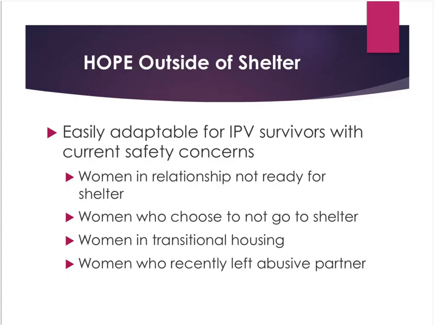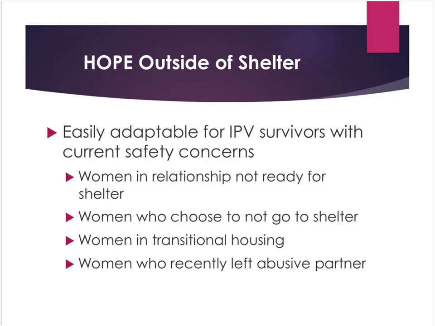I get that question a lot, and I think HOPE is really easily adaptable to be delivered outside of shelter. The population that HOPE is specific to is women who are either still in the relationship or just recently left an abusive relationship. So this isn't really a program for women who've been out of a relationship for a year or two.